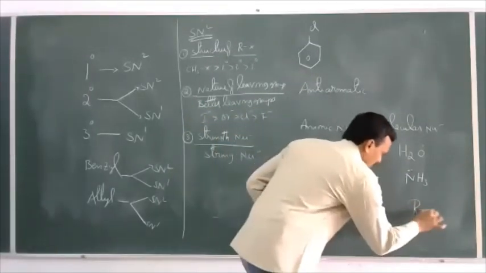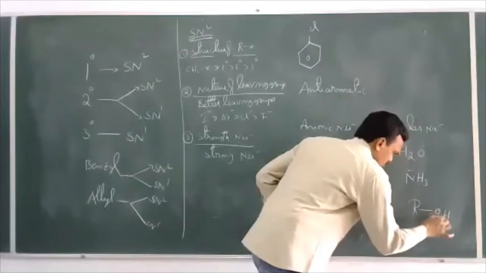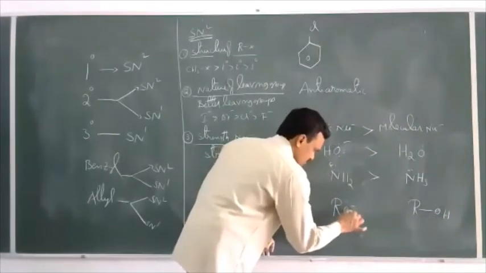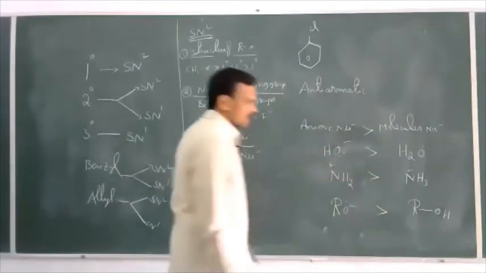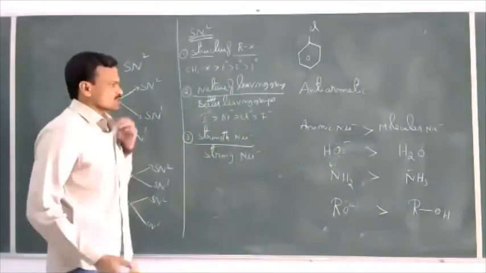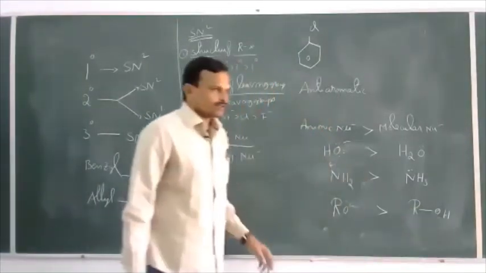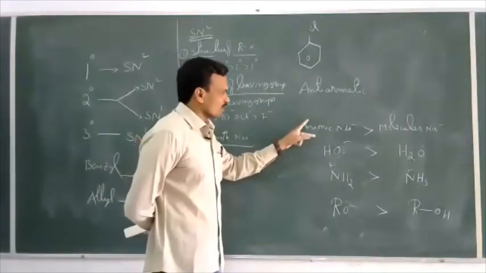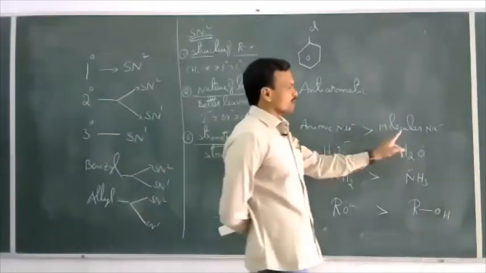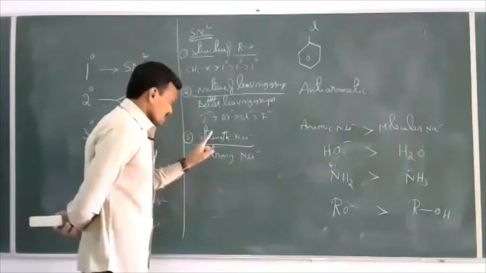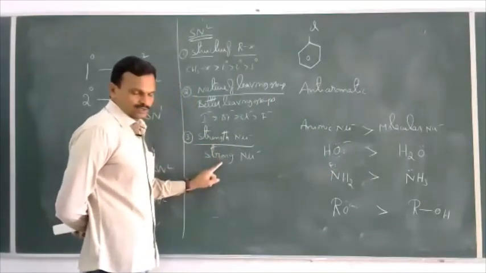If you take alcohol, ROH, and the alkoxide ion, RO⁻, the alkoxide ion is a strong base and a strong nucleophile compared to alcohol. So anionic nucleophiles are stronger compared to molecular nucleophiles. So a strong nucleophile is required here.